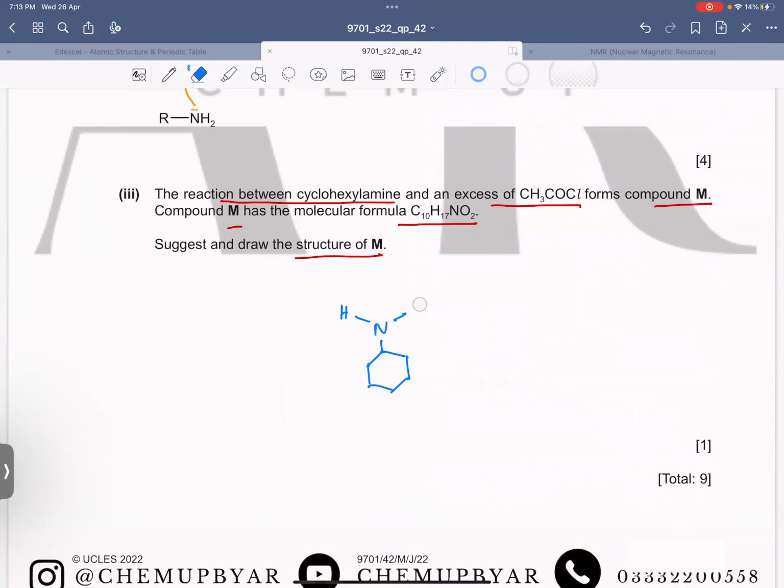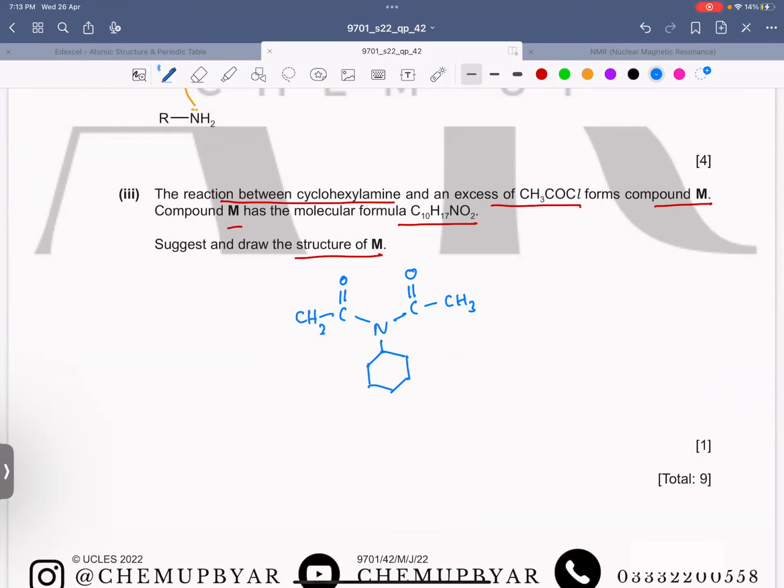The hydrogen from this amine is removed, and the Cl from the acyl chloride is removed. As a result, the carbon having a C double bond O bonds over here, and the rest of the molecule is there. When there is an excess, this hydrogen is also going to be substituted, and here we get C double bond O and CH3.